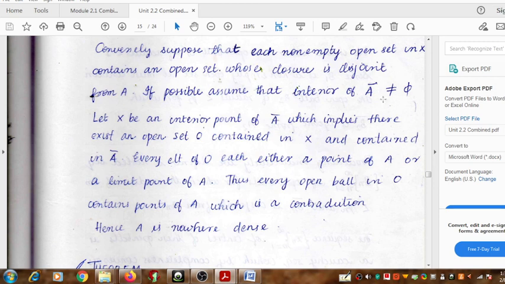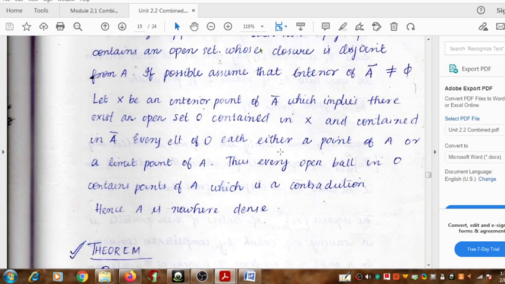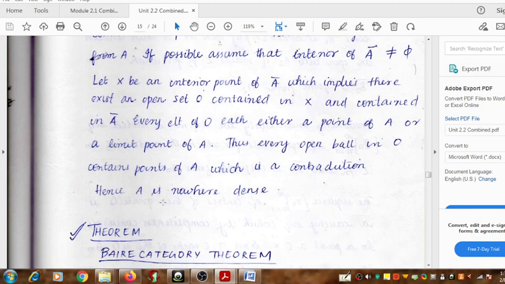That means the interior of the closure of A is empty, and that means A is nowhere dense. So when we correct it, A is nowhere dense.